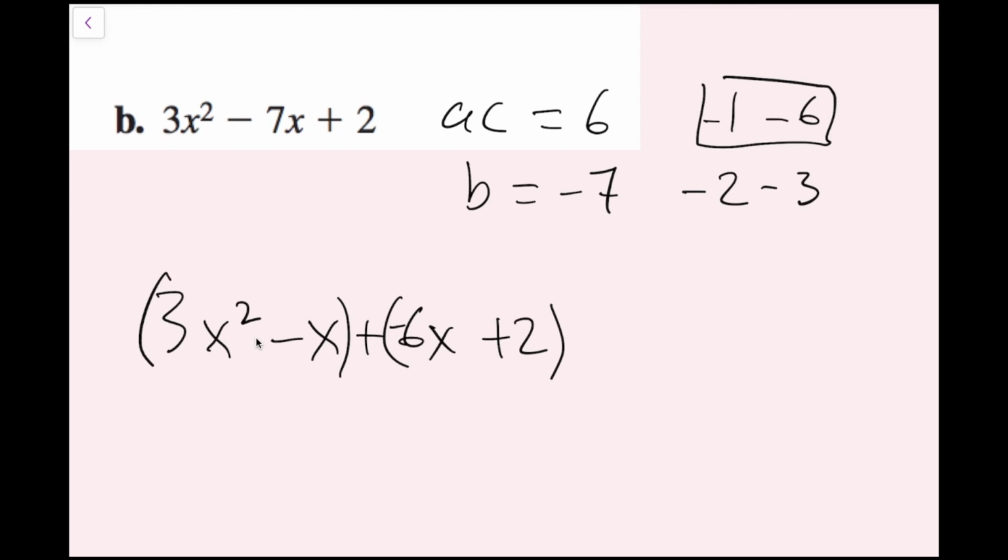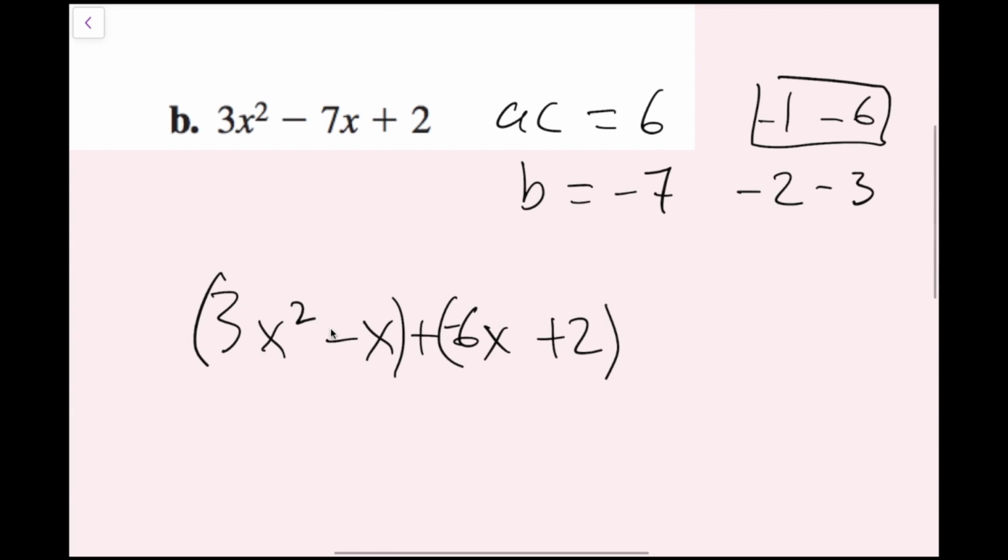Okay, now I'm going to factor out my greatest common factor. So here I have a 3x squared, and here I have a minus x. So all I can factor out is an x. So I have x times 3x, and then minus 1. And then here I have a -6x and a 2. Now, we can factor out a 2, but I would actually recommend factoring out a -2 because we want this thing to be the exact same for both.